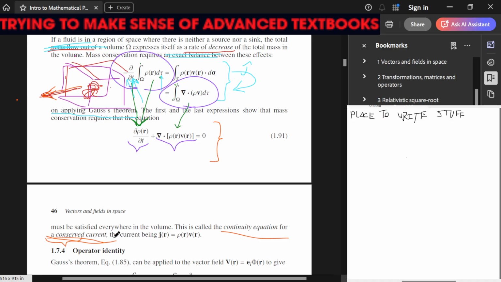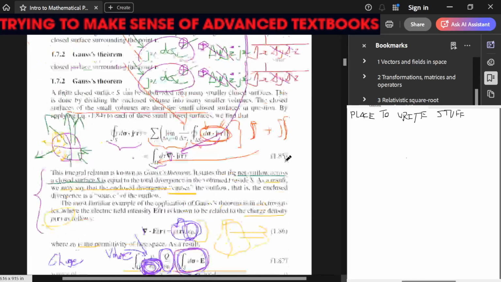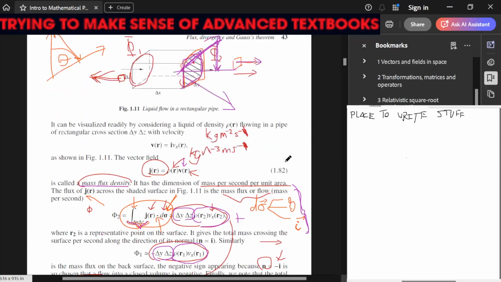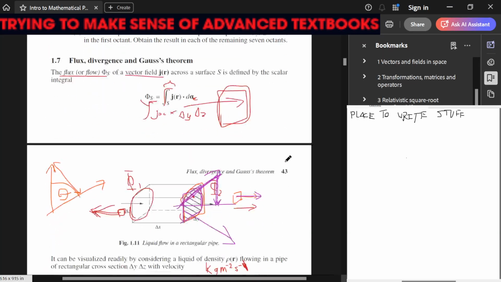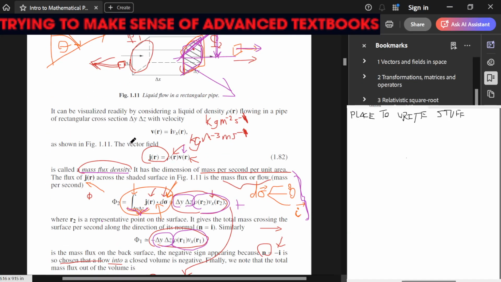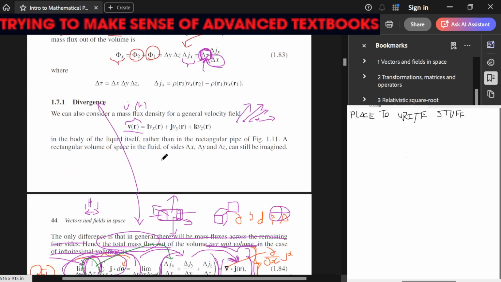I just need to read some more because it just says the current is this mass flux density. Am I saying that correct? Mass flux. Let me scroll up. What is J of R? J of R is mass flux density, yeah.